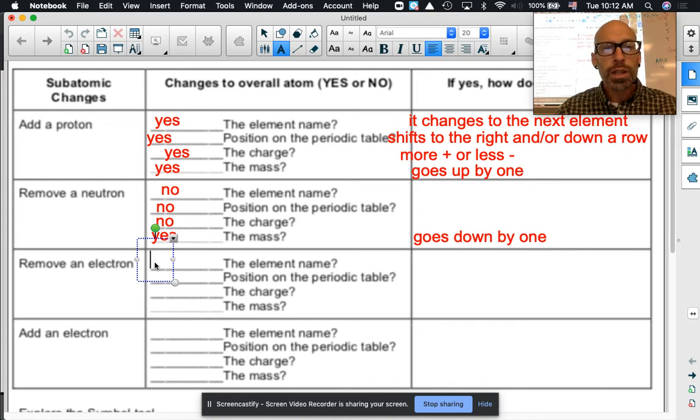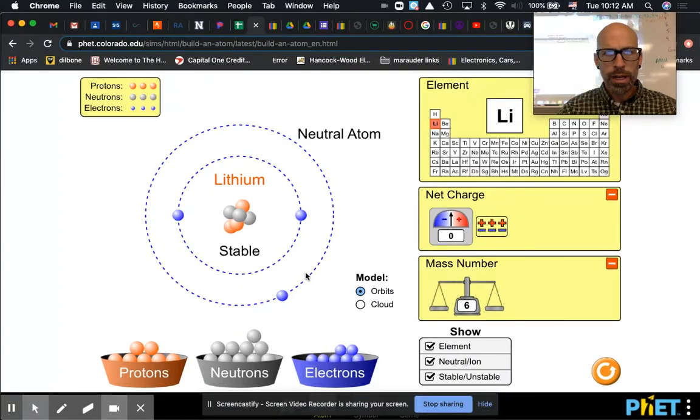Now, if you remove an electron, does the name of the element change? No. Does its position on the table change? No. Does the charge change? Yes. How so? Well, if you take away an electron, it becomes positive, right?